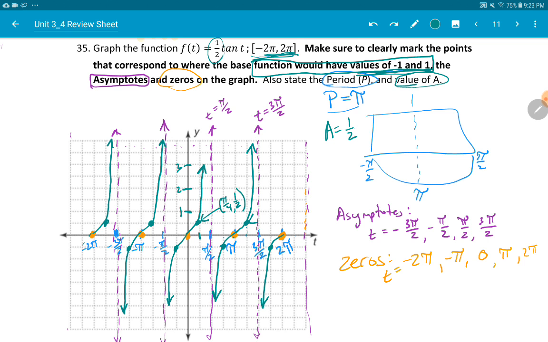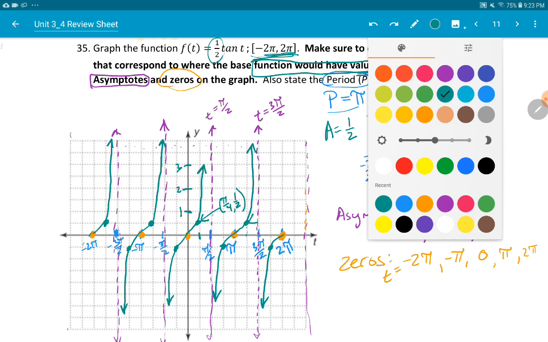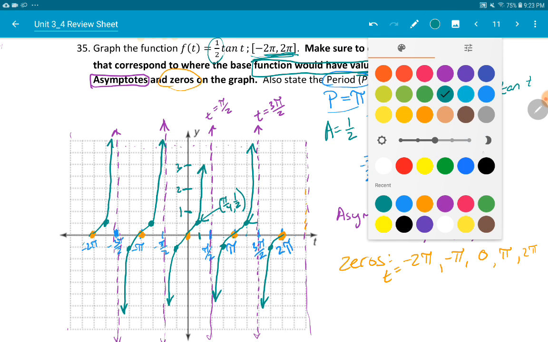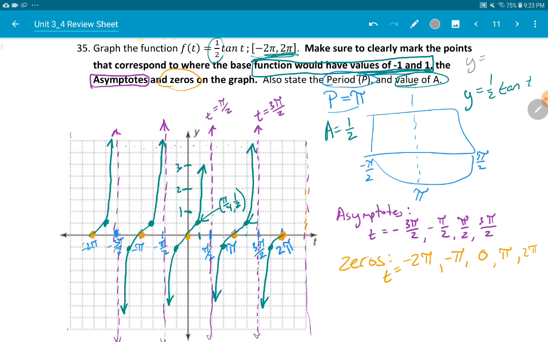And just for comparison's sake, I want to show you. So this graph is y equals 1/2 tan of t on that interval. Let's do gray, and show you what tan looks like. That is the one that has the same period and there's no shifts.